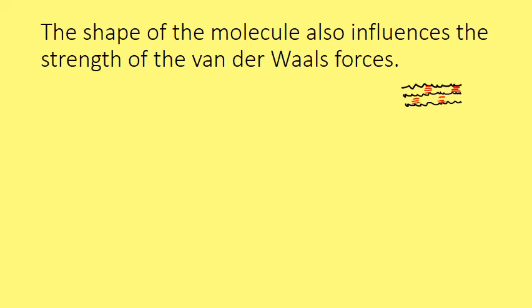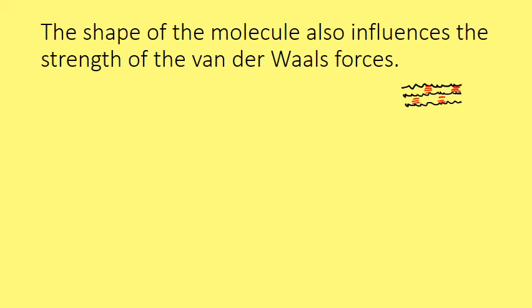So those van der Waals forces are evidently going to be stronger when the molecules are closer together, and also stronger when there's a large surface that's available to attract each other. So the large surface and the closeness of the molecules mean that the van der Waals forces in long, straight molecules would be stronger than in molecules of other shapes.